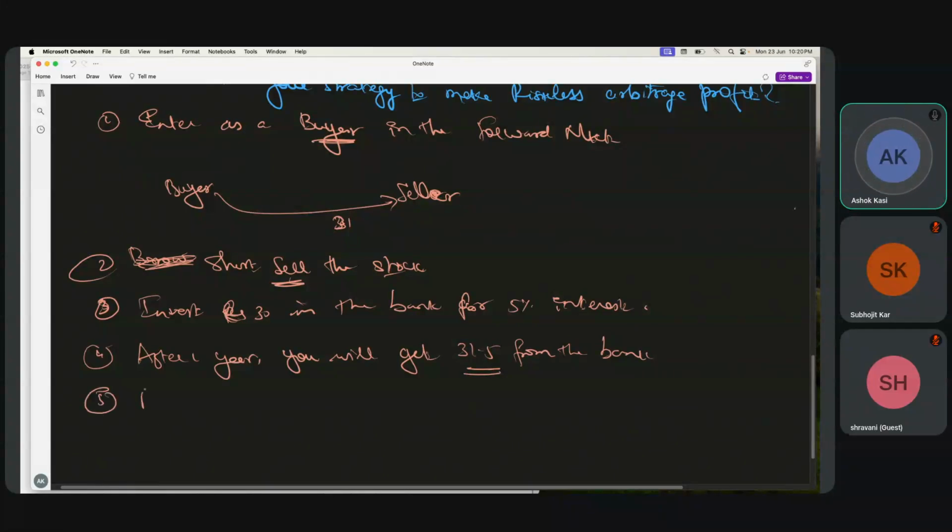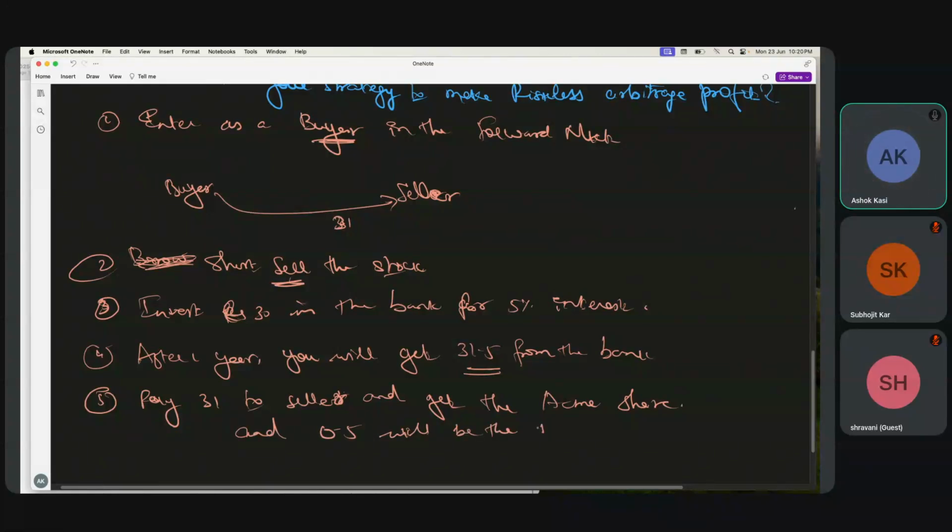So pay 31 to the seller and get the Acme share, and 0.5 will be the riskless profit.